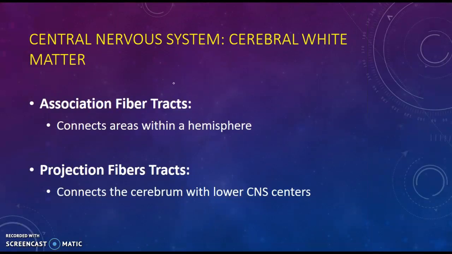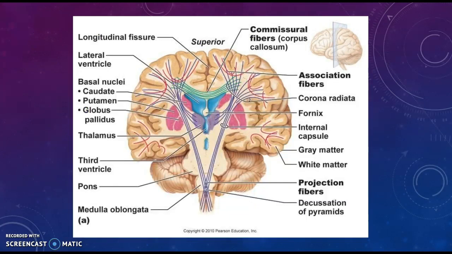Then we have our association fiber tracts, which connect areas within a hemisphere. So these are going to be able to connect all the right side of your structures together. Then your projection fiber tracts are going to take information from the cerebral cortex and bring it down to the diencephalon or the brainstem. So going back again, here's our green corpus callosum connecting the right and left cerebral hemispheres.